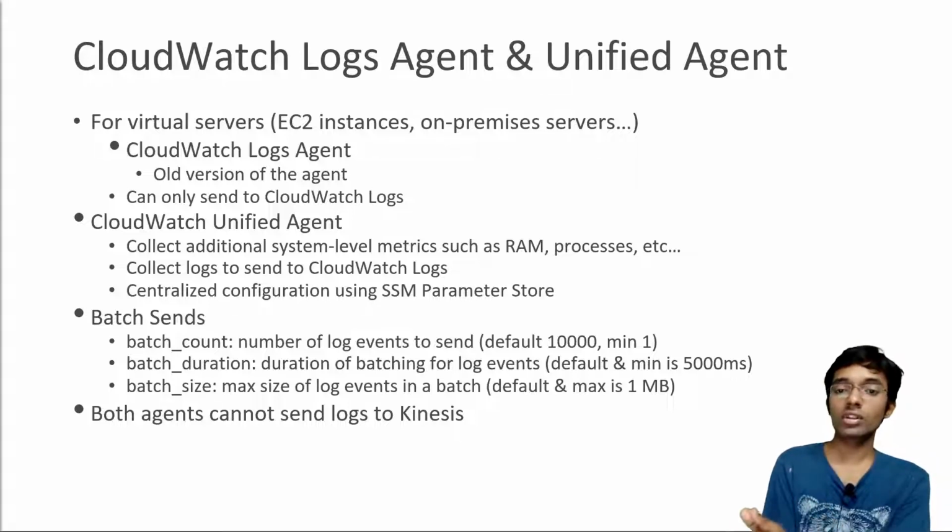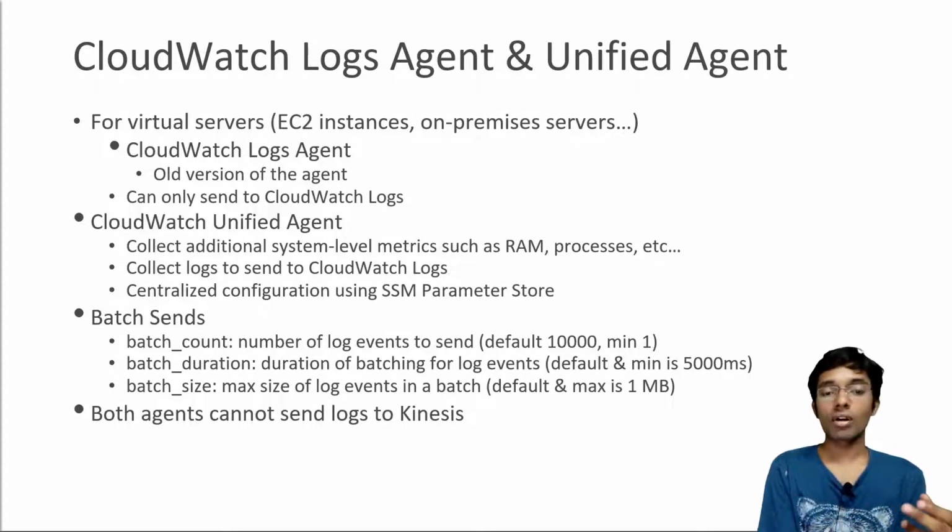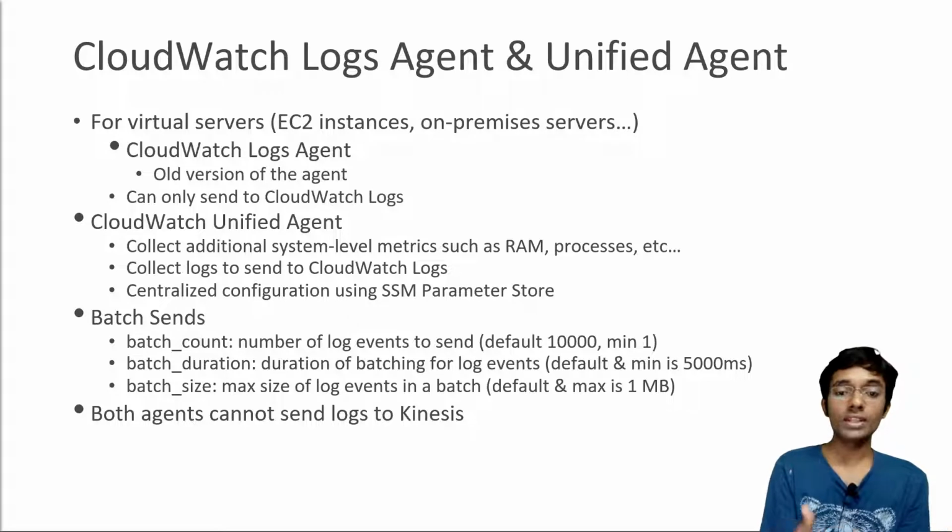And the cool thing about it is that this unified agent can have a central configuration stored in the SSM Parameter Store, which is very helpful if you are trying to configure your logging fleet at scale from one source of truth, like the SSM Parameter Store.